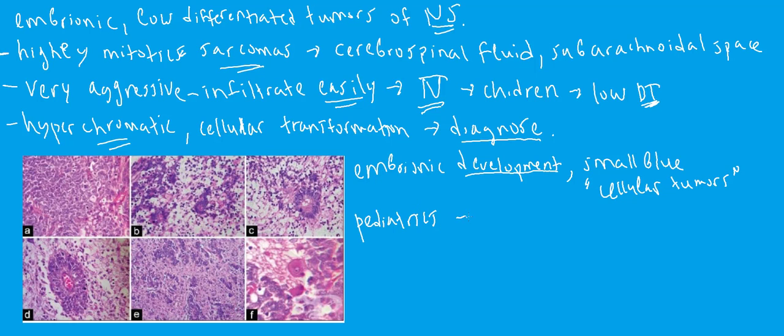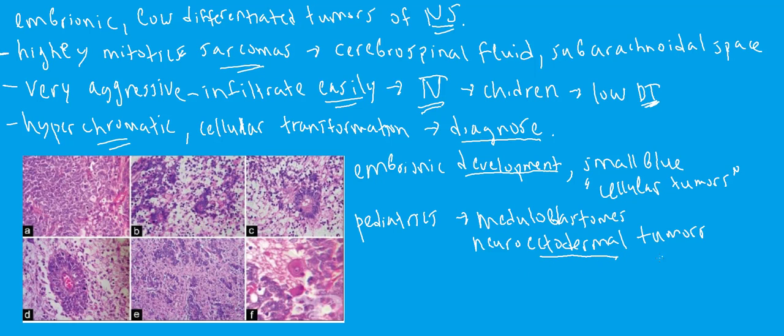The two main subdivisions we must look at are the medulloblastomes and also neuroectodermal tumors regarding the ectoderm. As you know, the medulloblastomes are typical for the vermis of the cerebellum or the small brain.